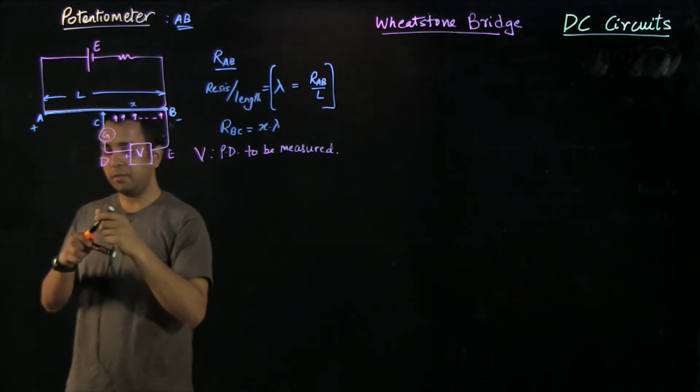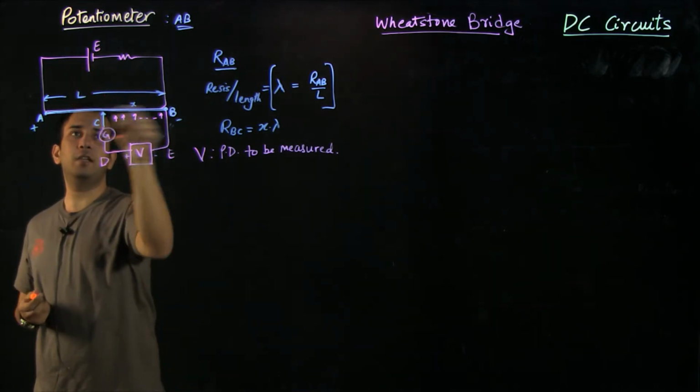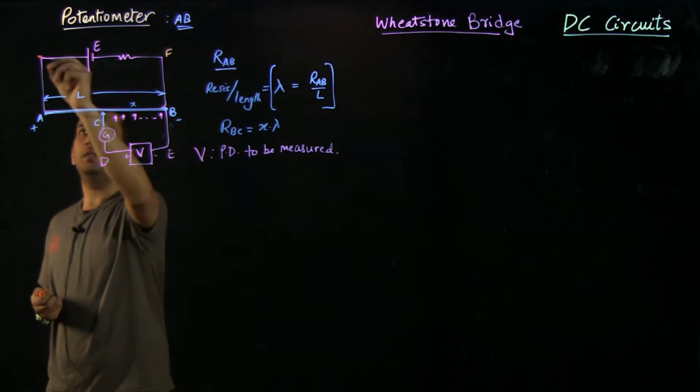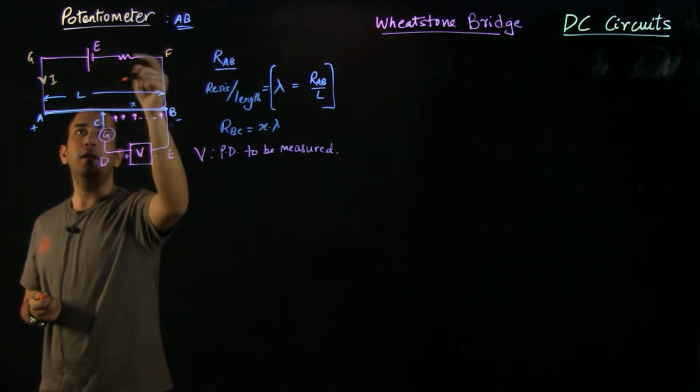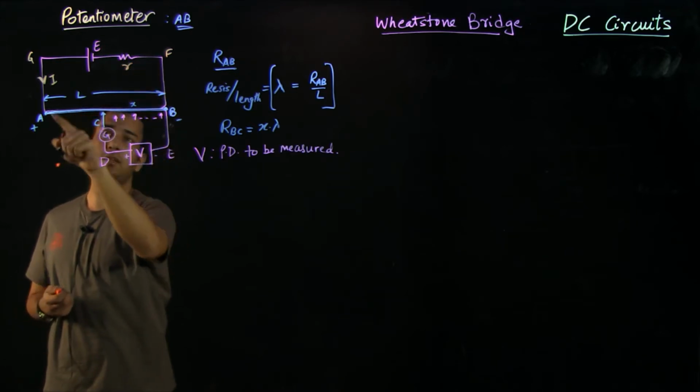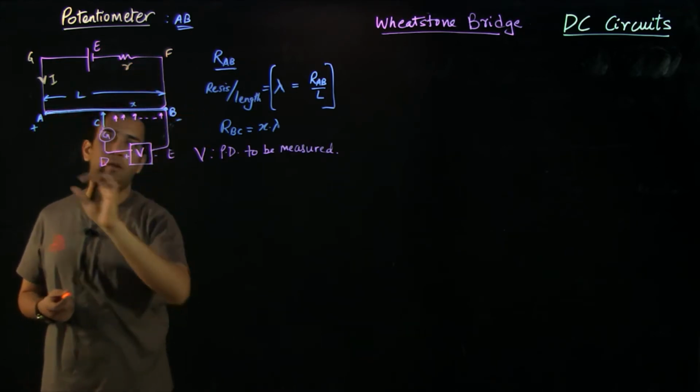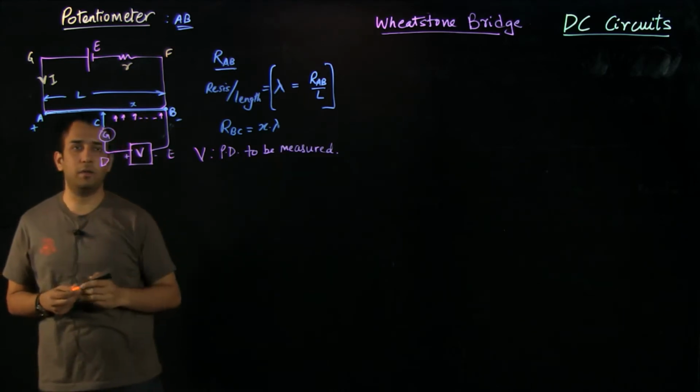And there is a current associated with the original circuit A, B, F, G, and this current I is dependent on E, R, and the resistance of the total potentiometer device.